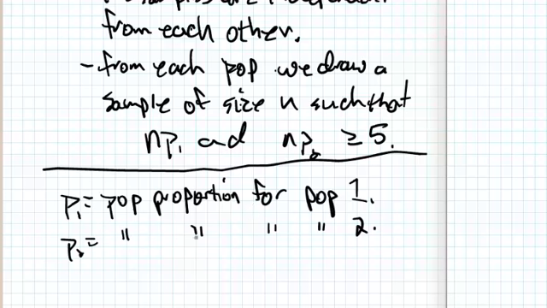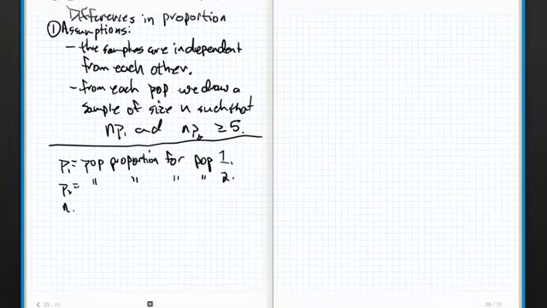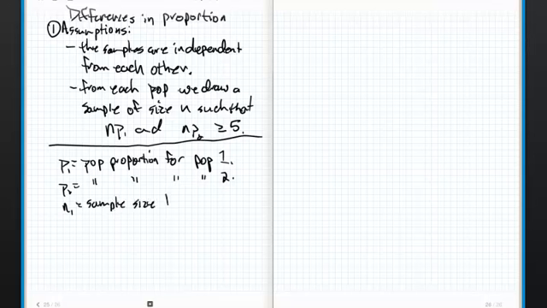In other words, those are the parameters. N1 is sample size from population 1, and N2 is the sample size from population 2, et cetera.